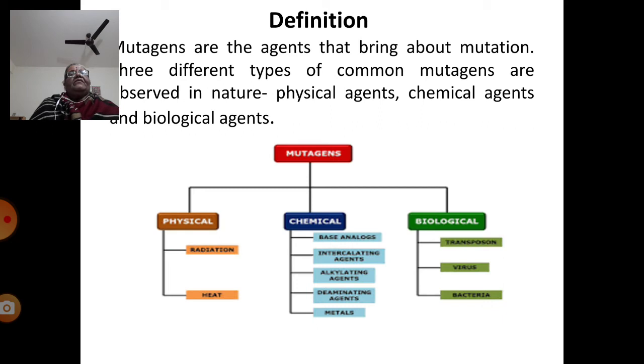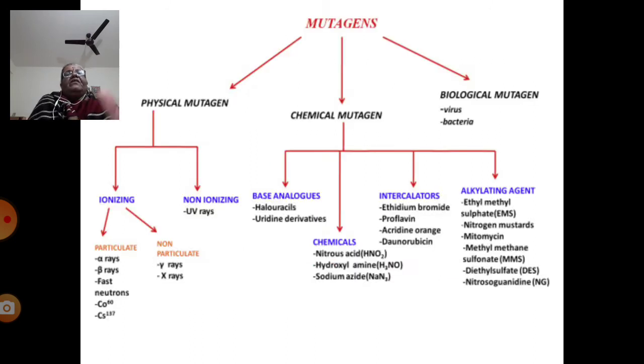They are physical agents, chemical agents, and biological agents. And here is a schematic representation to brief you about the details of my talk in a nutshell. Alright? So again, this is a plate briefing you about different types of mutagens.